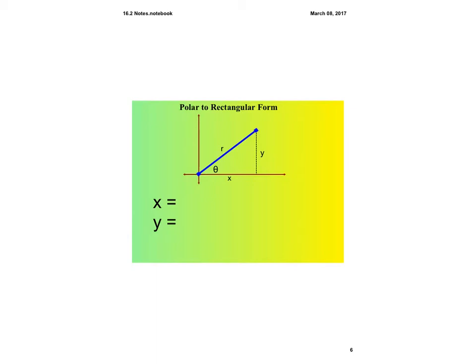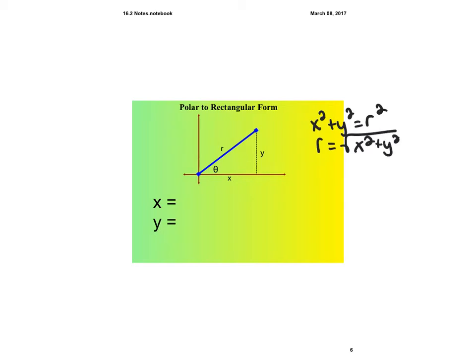Okay, so this is a slide you should know. We know that x squared plus y squared equals r squared. When we do our conversion from rectangular equations to polar equations, we're going to want to keep this in the back of our minds, and that r is equal to the square root of x squared plus y squared.